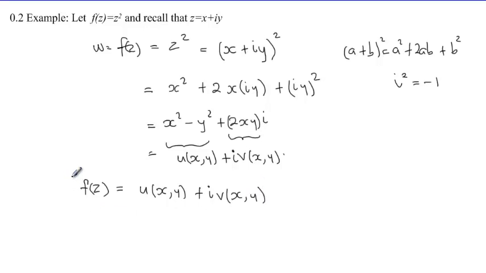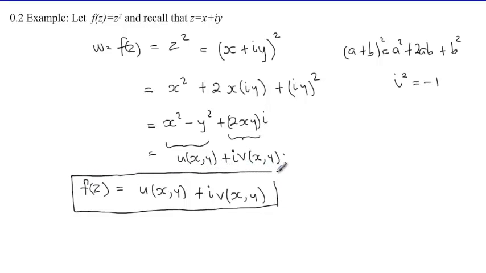And this is very important because when you get to differentiation, it will be very important to be able to identify the imaginary part and the real part of the function of complex variables.